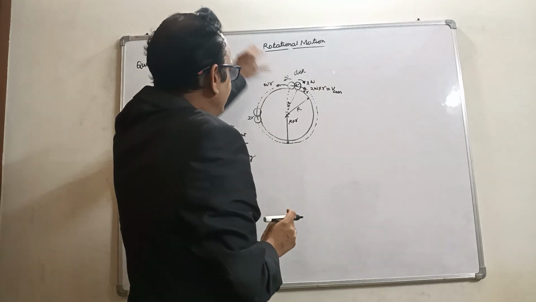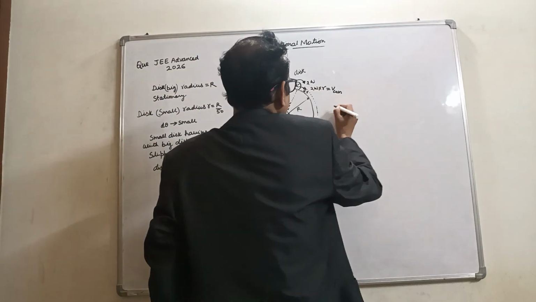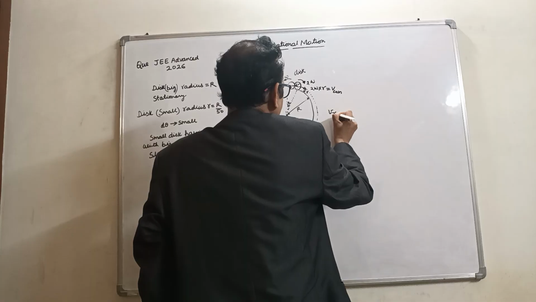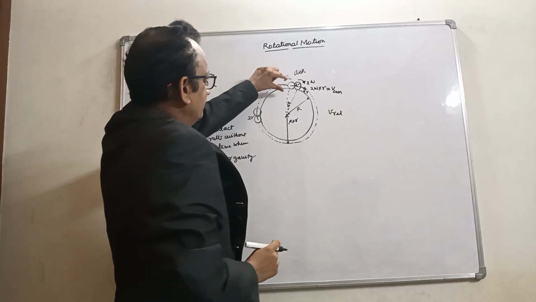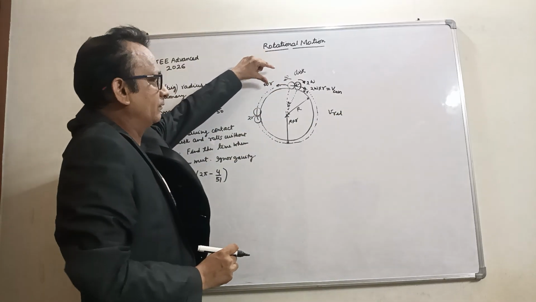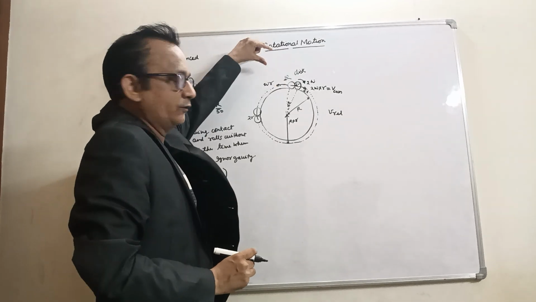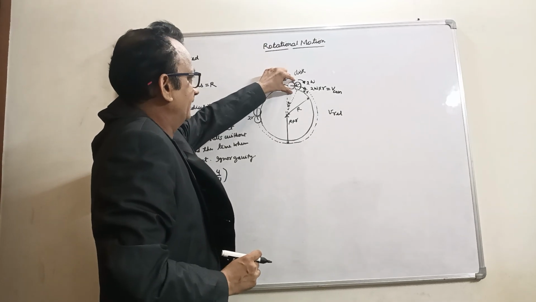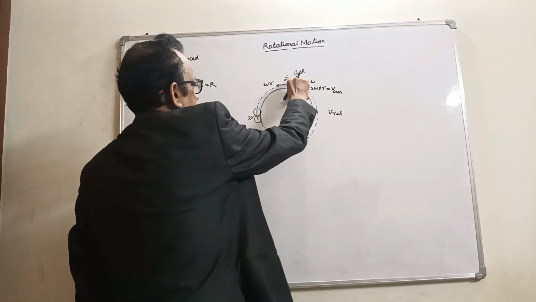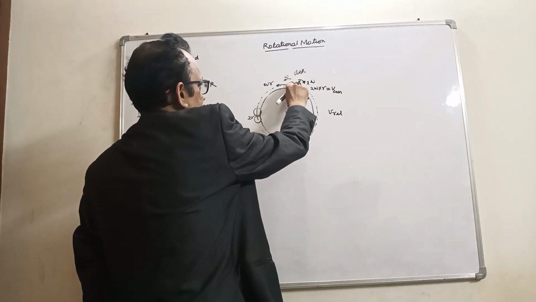So we have to find the relative velocity. Since both disks are moving, suppose this disk is stationary.